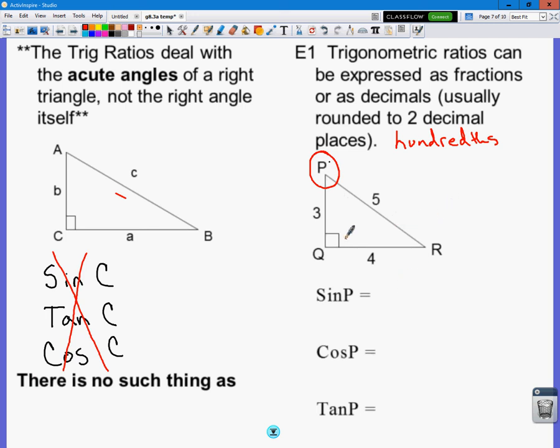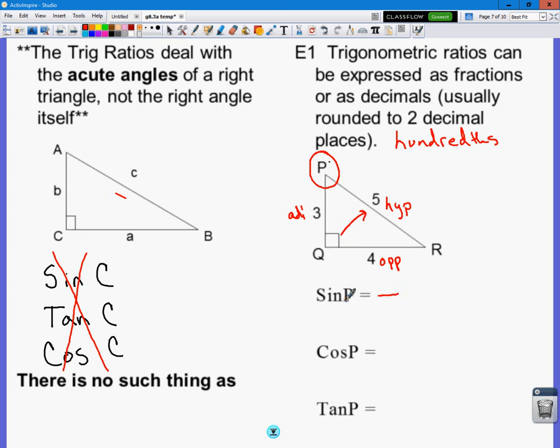The first one I always identify is the hypotenuse, because no matter which function I'm using, that hypotenuse won't change its location. No matter which angle I'm using, it won't change its location. What's opposite then of P? The 4. This is opposite, which means the 3 is adjacent.